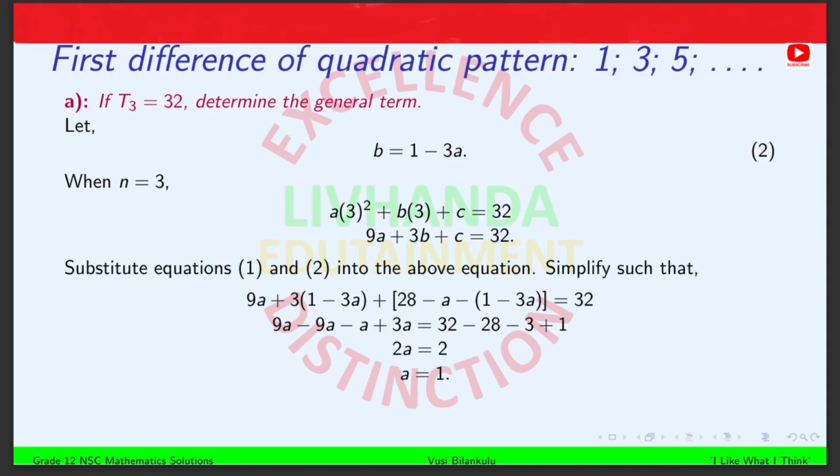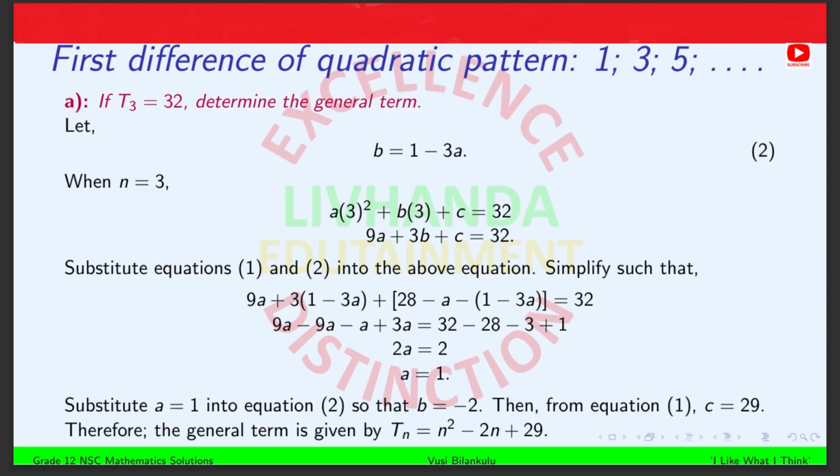Substitute equations 1 and 2 into the previous equation so that a simplifies to 1. From equation 2, b simplifies to -2, and then from equation 1, c equals 29. Therefore, the general formula is given by Tn equals n squared minus 2n plus 29.